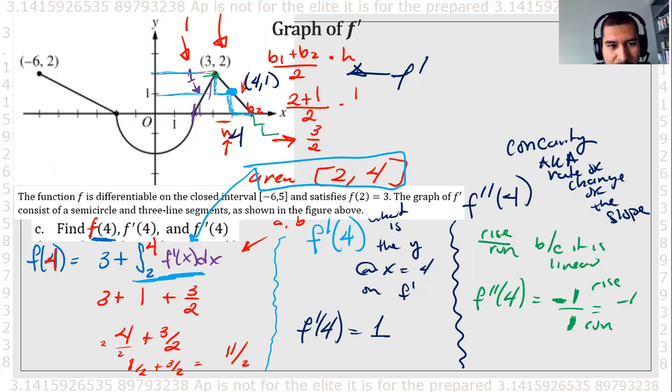You see what I'm saying? So my slope is -1 over 1, or just -1. Is that okay with everyone? No?